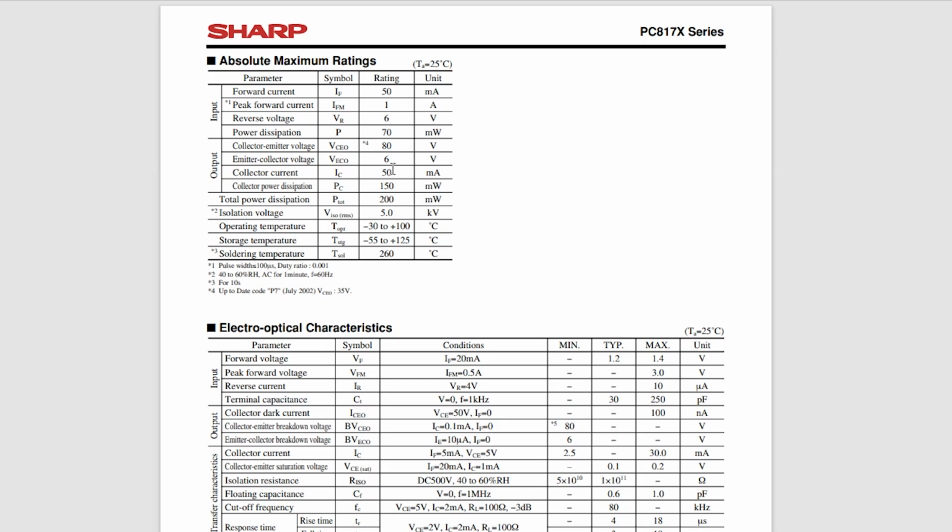Then we have the collector power dissipation of 150 milliwatts, which is the amount of heat the phototransistor can easily dispose of.